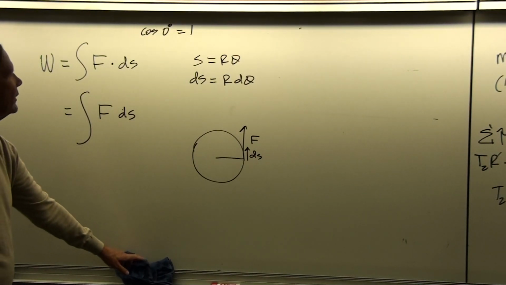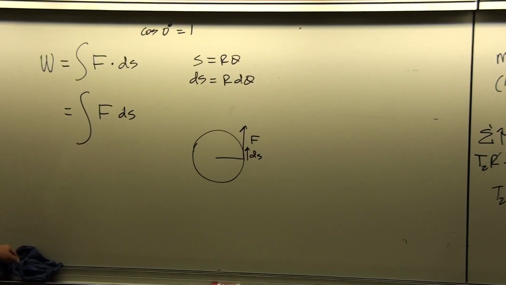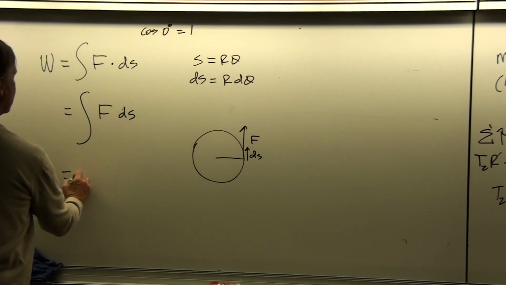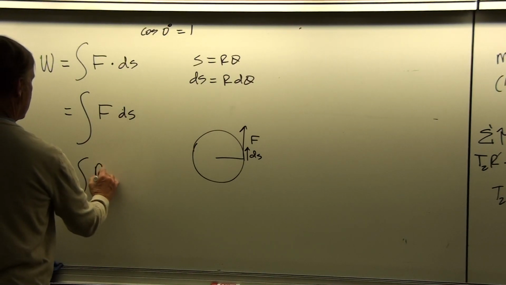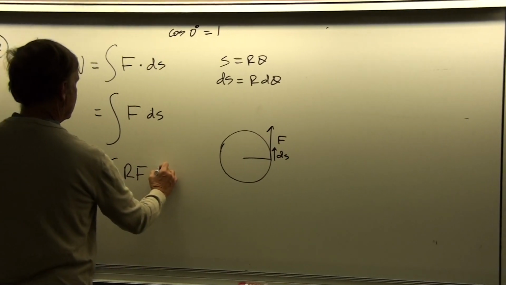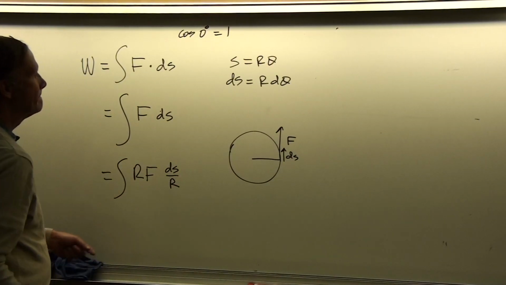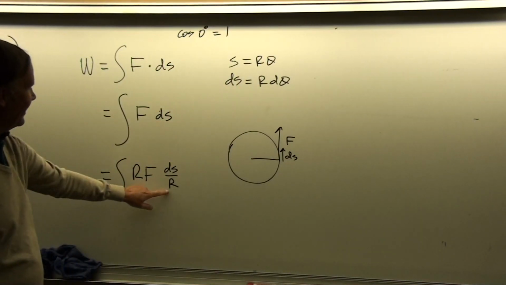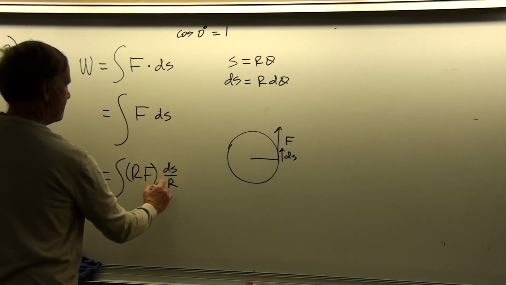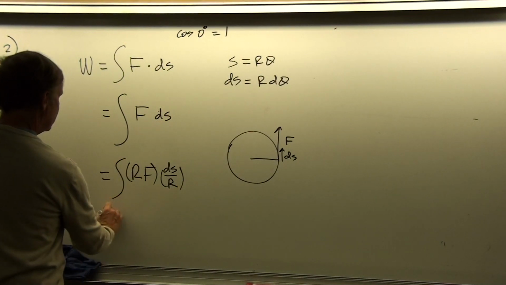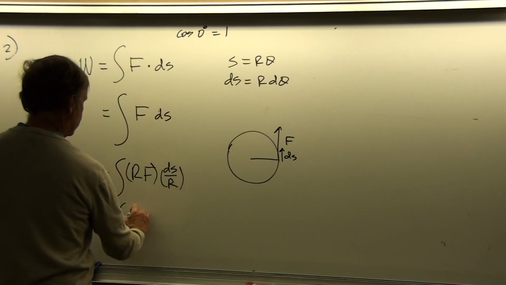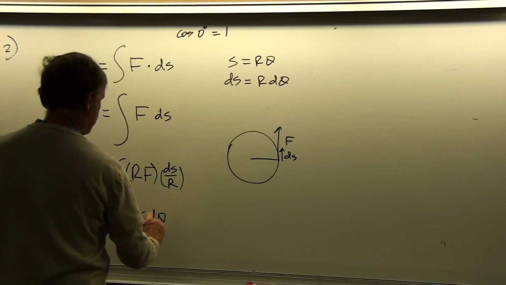And so what we could do here is say that this is the same thing as the integral of rF times ds over r. Okay? But ds over r is just d theta. And so this is the same thing as the integral of torque d theta.